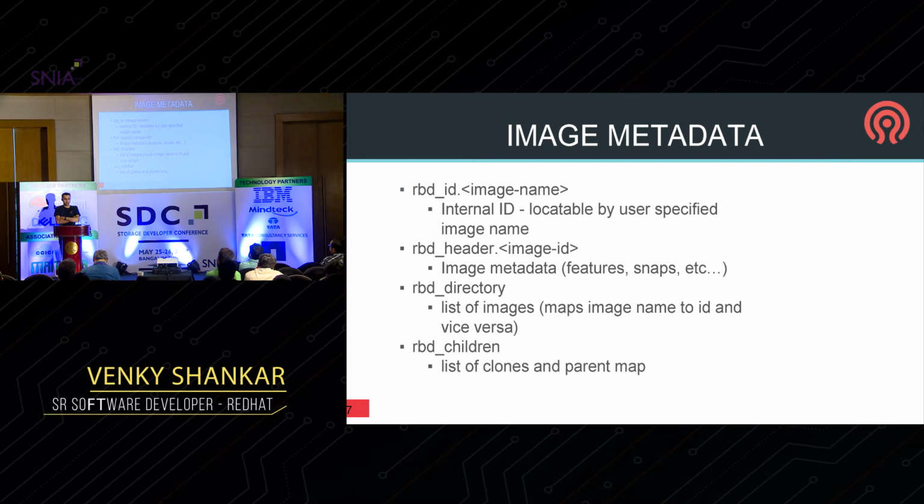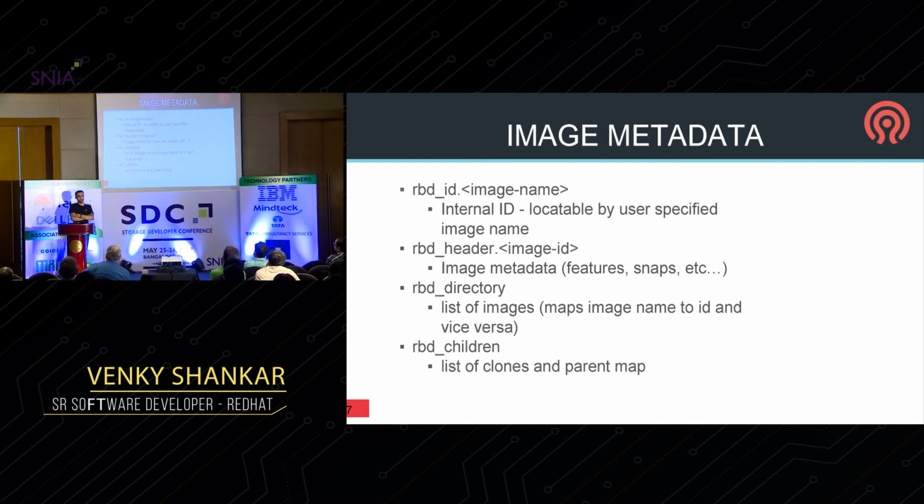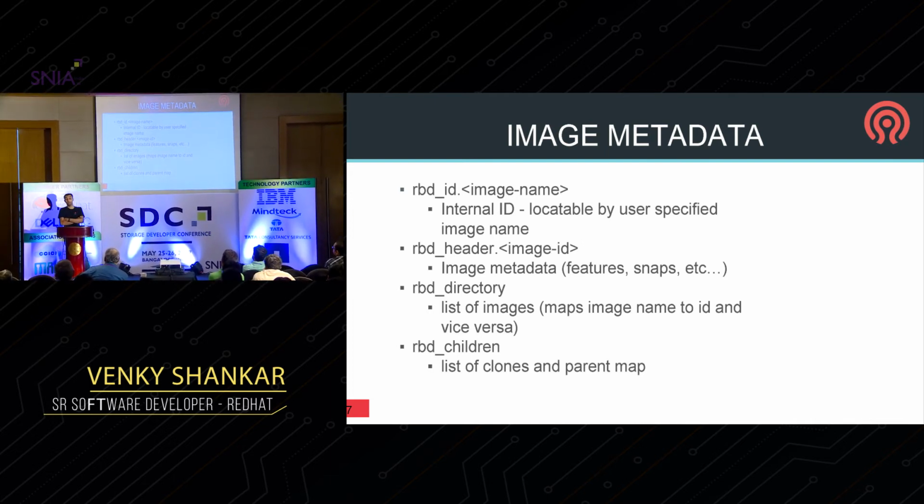The good thing about that is if you happen to rename your images, it doesn't affect anything because the ID remains the same. Here I put forward some image metadata objects. All of these are objects which are stored in your RADOS cluster and replicated.